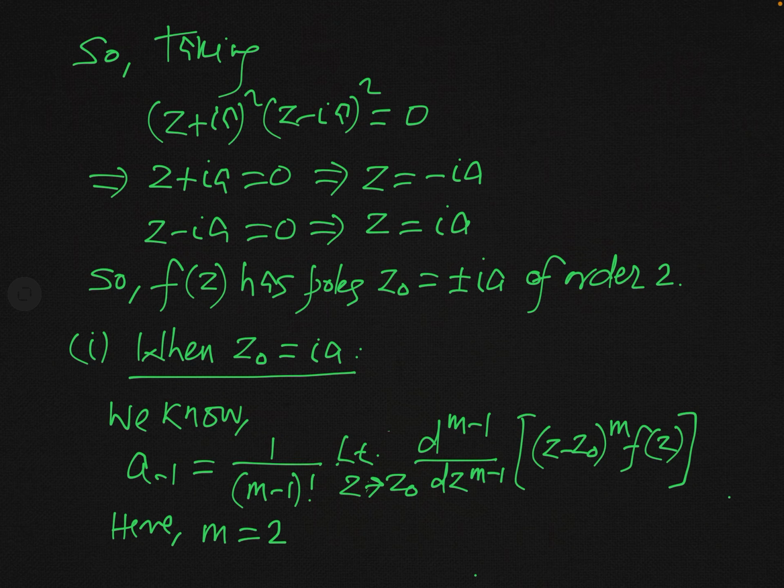So let us first find the residue when z naught equal to ia. It means the pole is of second order and it is at z equal to ia.